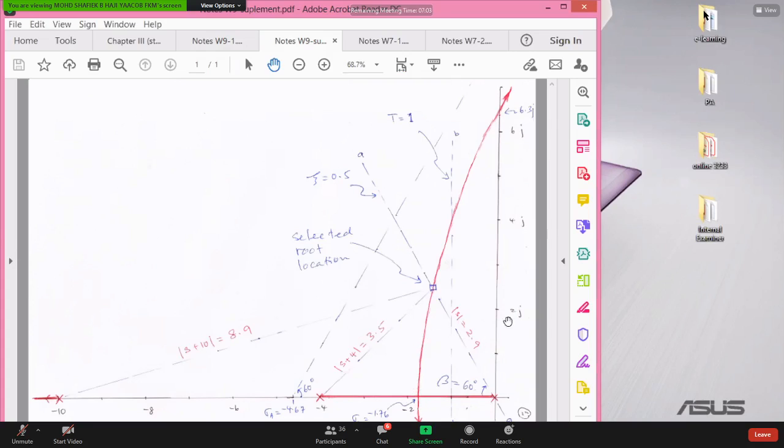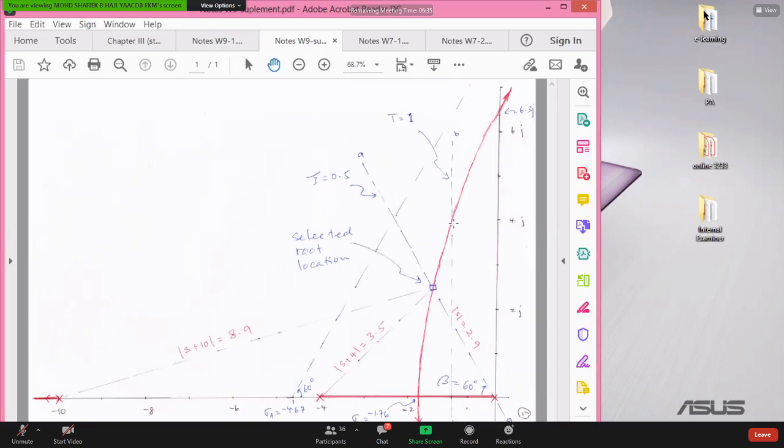So the root s is selected based on the specification. The root that you select must be on the red line. That's one of the criteria. And then to meet the specification, you draw these two straight lines, AA for damping ratio 0.5 and vertical line BB, that is for time constant equal to 1.